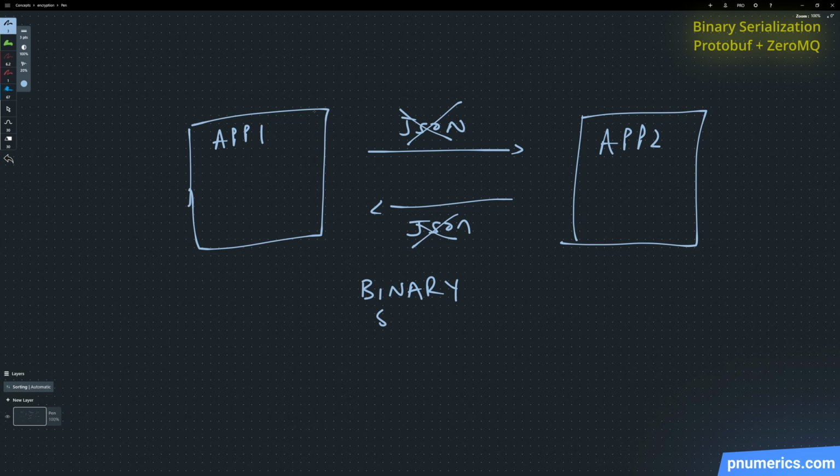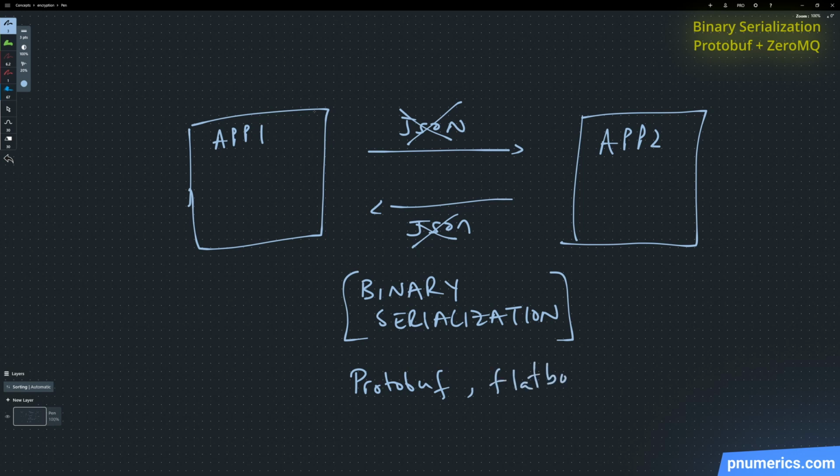So you'll have a compiler tool, like a Protobuf compiler or a Bond compiler or a FlatBuffers compiler, and you will generate a set of C++ or Python or Java or .NET code. Okay, so the compiler will generate code. You will import that code on both sides of your applications.